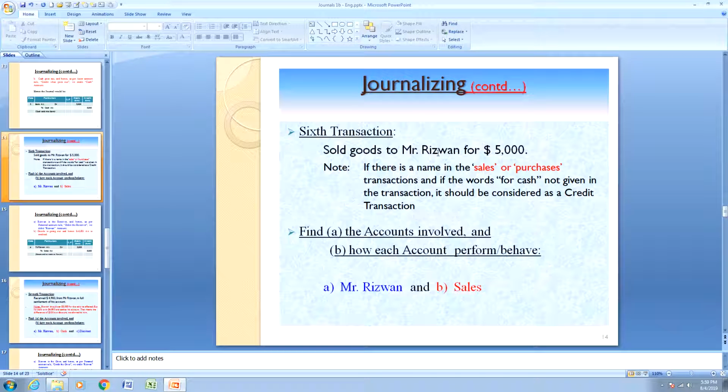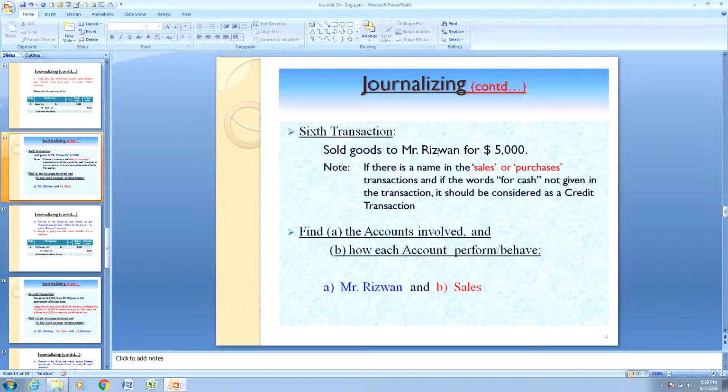Sixth transaction, sold goods to Mr. Rizwan for $5,000. Here also you should note that if there is a name in the sales or purchase transactions, and if the words for cash are not given in the transaction, it should be considered as a credit transaction. A credit transaction involves no cash.